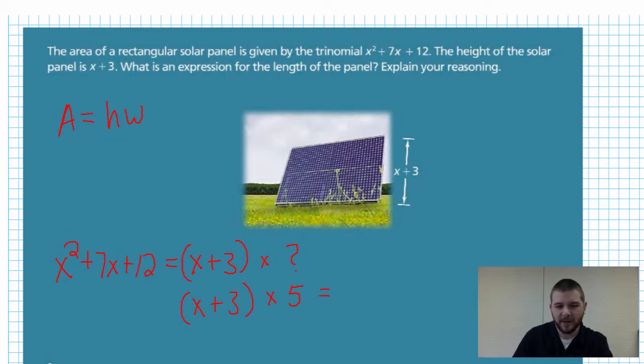So perhaps we could try this: x plus 3 times some monomial constant like 5. In this case, we would distribute the 5 to both terms in the binomial and find 5x plus 15.